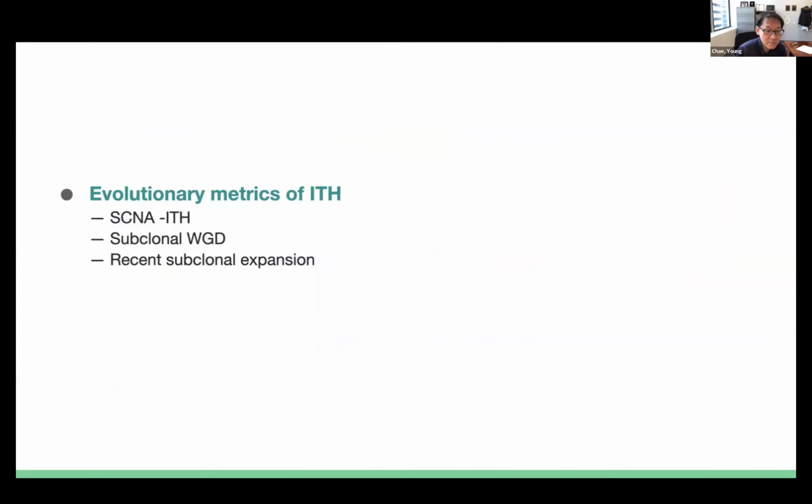So before I go on to other figures, the paper used 3 evolutionary metrics to measure the intratumor heterogeneity. One is SCNA, which is somatic copy number alteration. And that was previously used, but the newer prognostic factors were subclonal whole genome doubling and recent subclonal expansion.